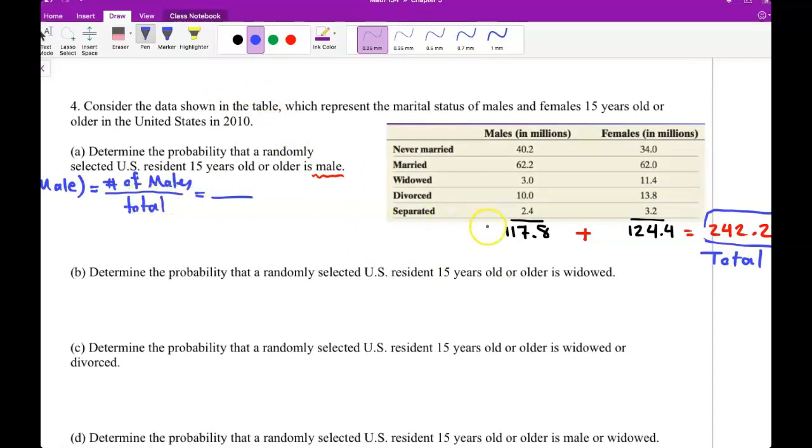So here on top we have 117.8 and denominator total is 242.2. And the answer is 0.486.